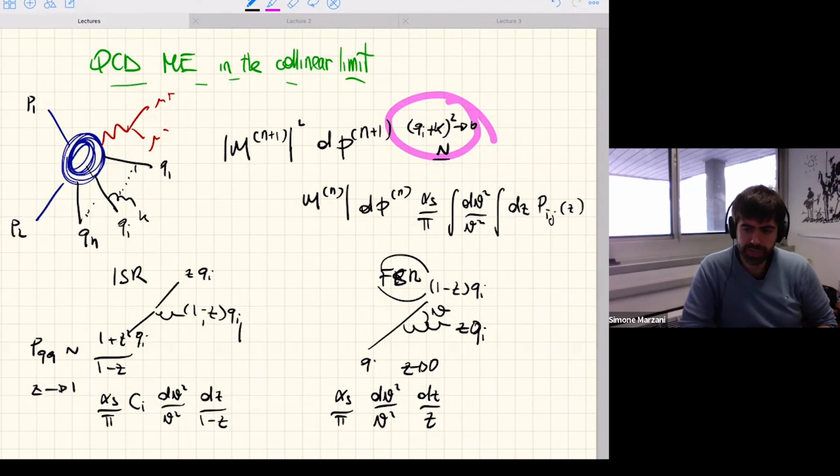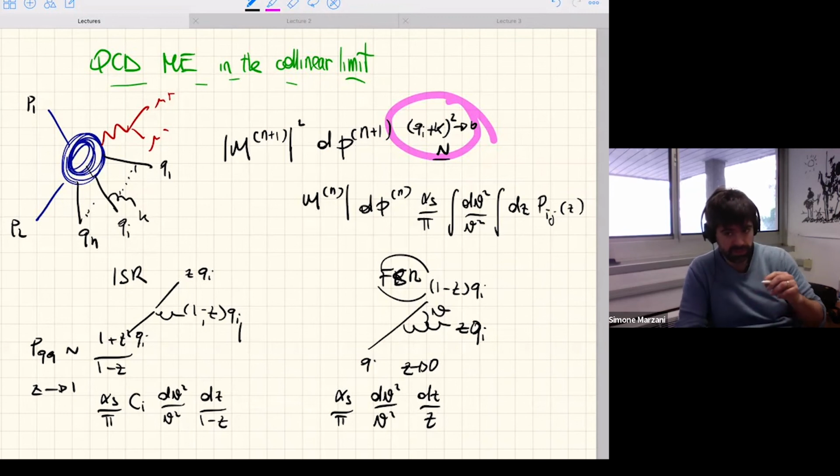One thing I want to say now, which we're going to use at the very end of the course: if you have an emission in the soft and collinear limit, the phase space looks like d theta squared over theta squared, dz over z.